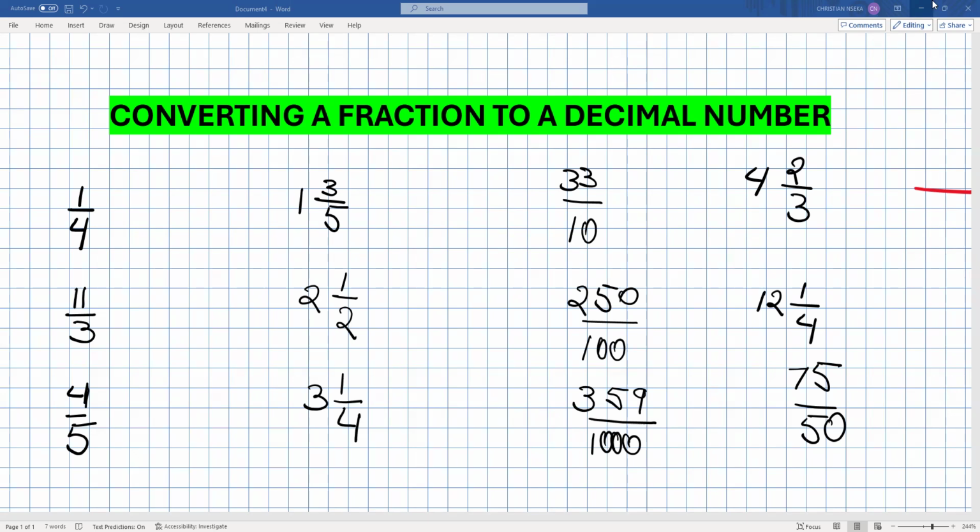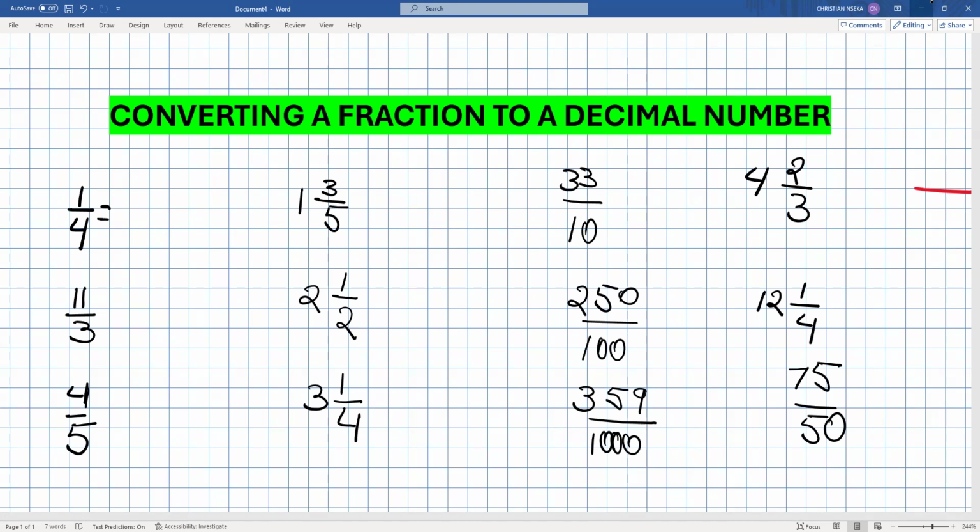So I will teach you quick. How do you convert a fraction to a decimal number? Since a lot of schools allow you to use your calculator in class and in your exam, take 1/4. How do you convert that to a decimal number? It means get 1 divided by 4.